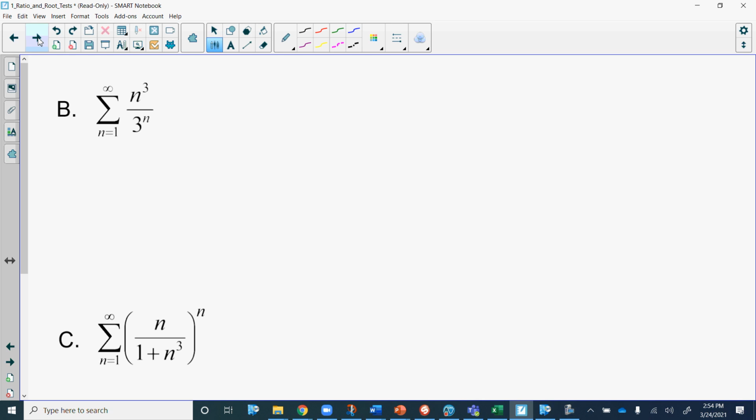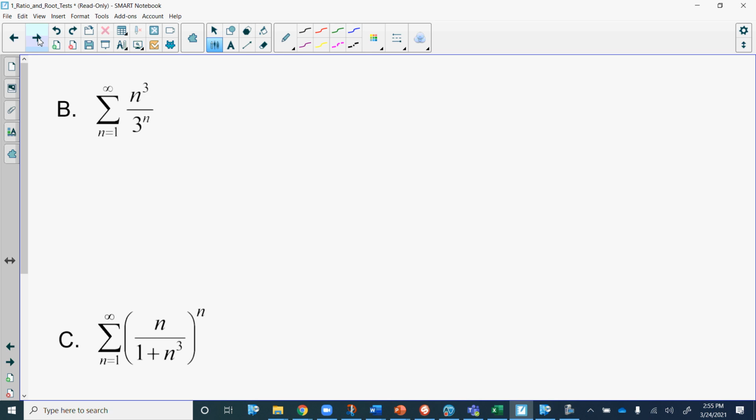And here's the next one, and I strongly encourage you to go ahead and see if you can work this one out independently and see what you're able to get. Some of you may be looking at it and say, I'm not sure if the root test is something I want to attempt here because I don't have something to the power of n in both the numerator and the denominator. Realistically, that's okay.